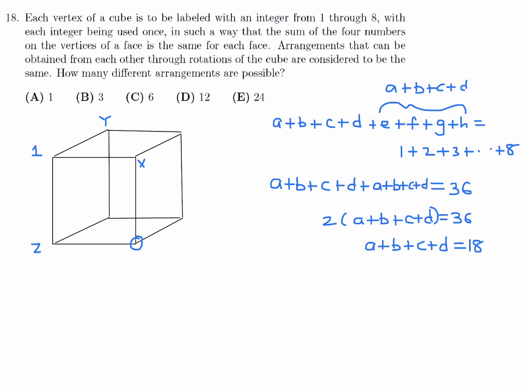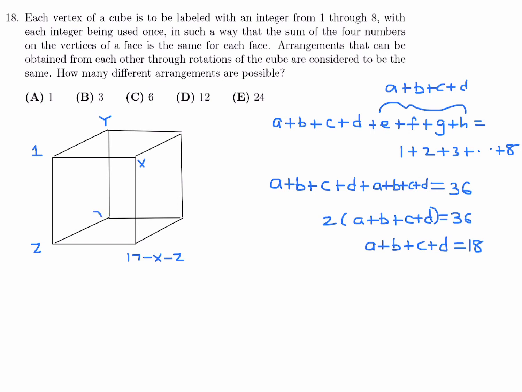So now that allows me to label these guys without introducing too many variables. Since the sum is 18, this guy will be 18 minus the other 3, so that's going to be 17 minus X minus Z. And in a very similar way, I can label all the other guys.